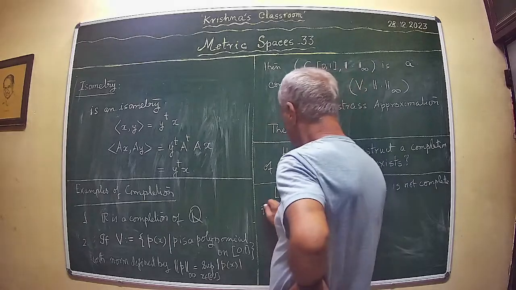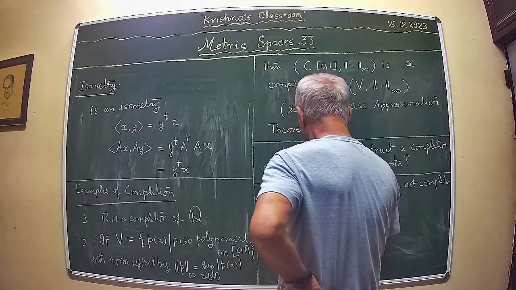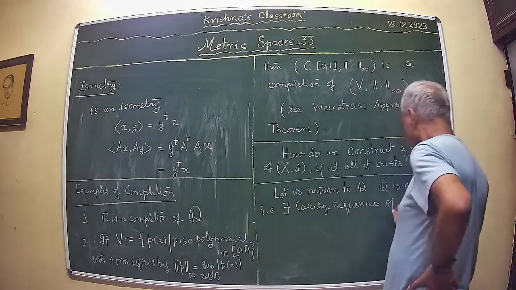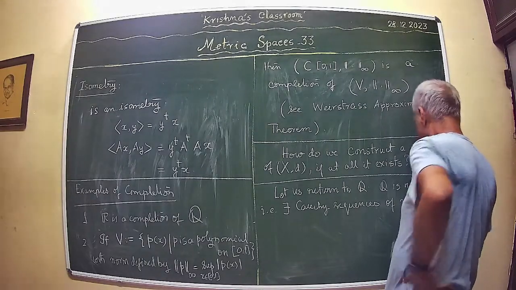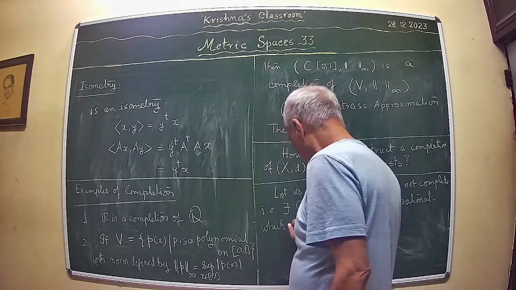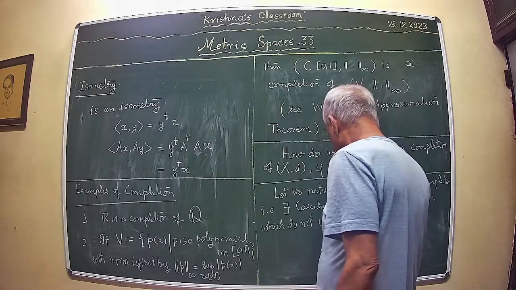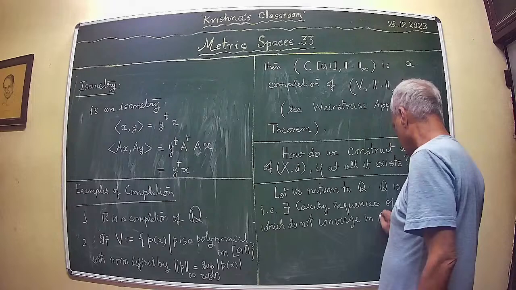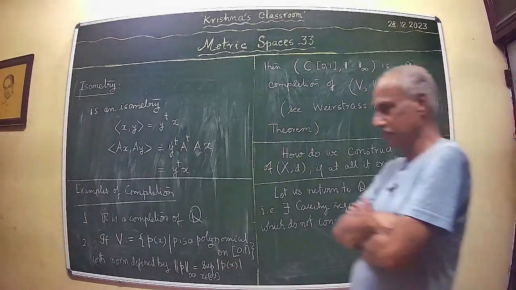That is, there exist Cauchy sequences without limits in Q. So what to do?